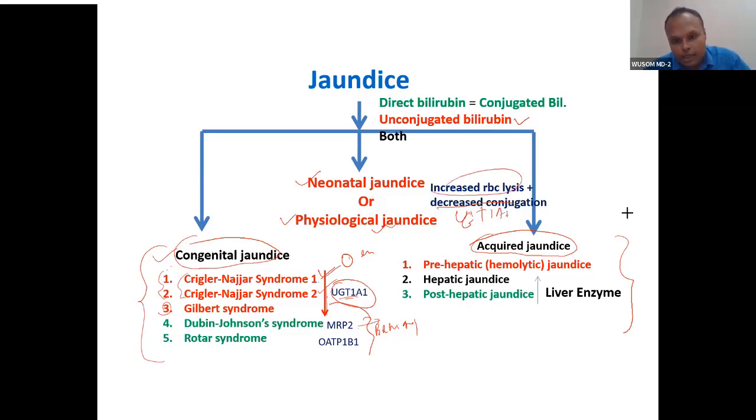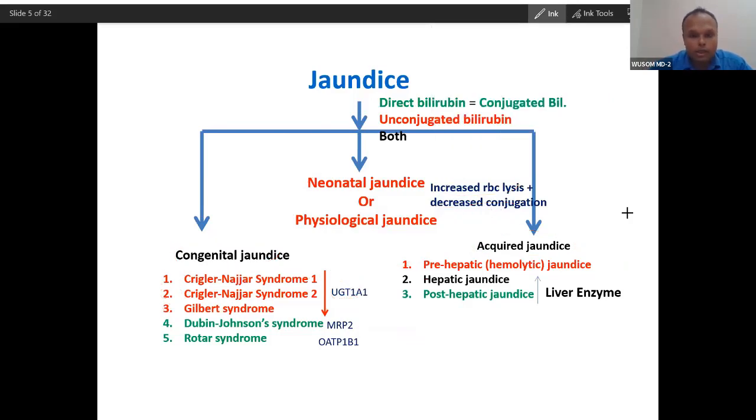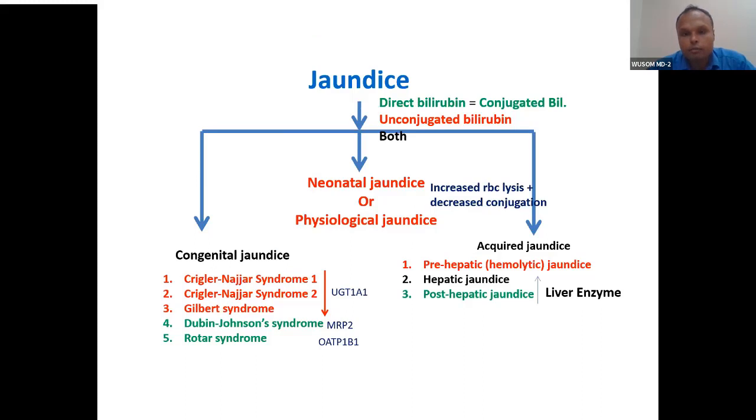Here, only pre-hepatic hemolytic jaundice has a very high amount of unconjugated hyperbilirubinemia, post-hepatic will have only conjugated hyperbilirubinemia, and hepatic will have both. If you see all these cases, you will not find anywhere else where both types of bilirubin are present.